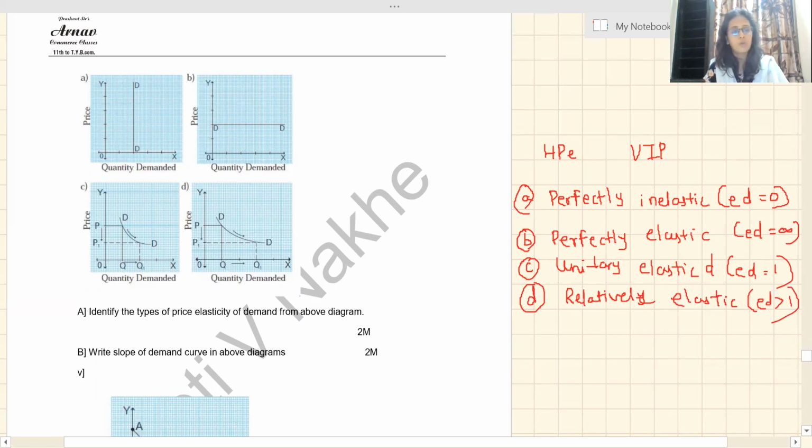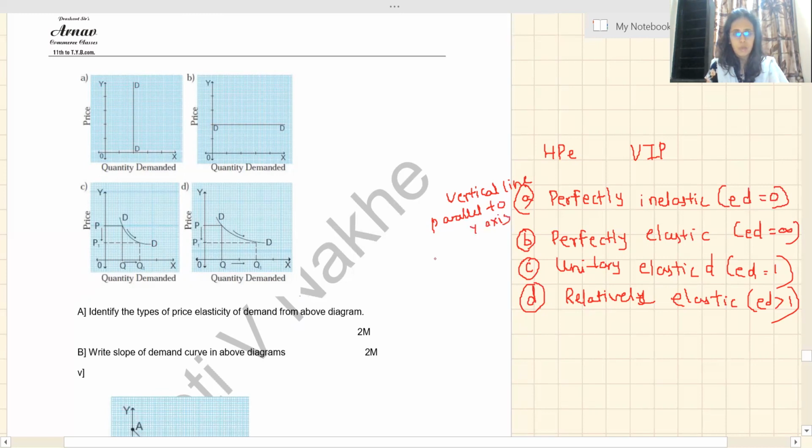Now next, write the slope of demand curve in the above diagram. See, they are asking you the slope, so I will tell you one by one. Here you can write vertical line parallel to which axis?